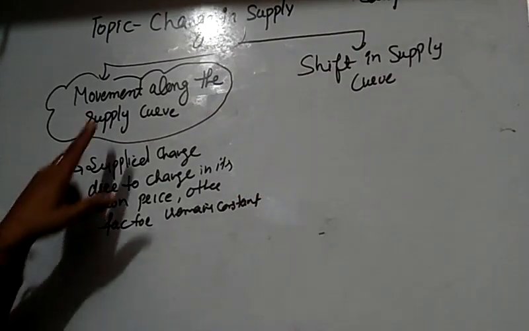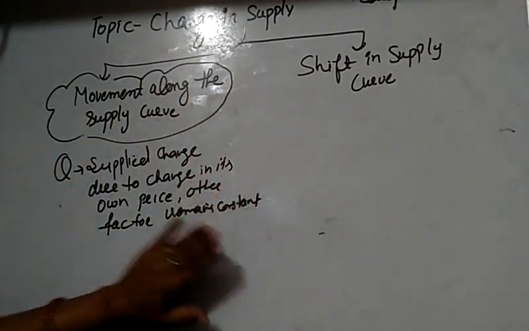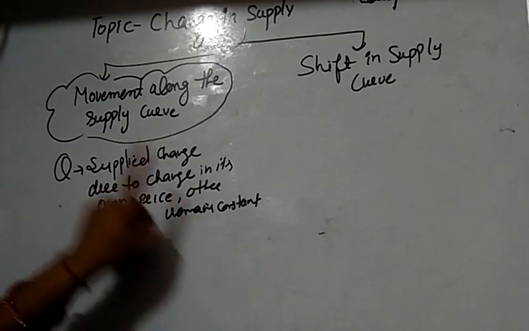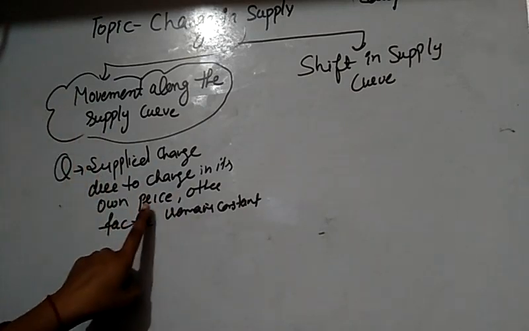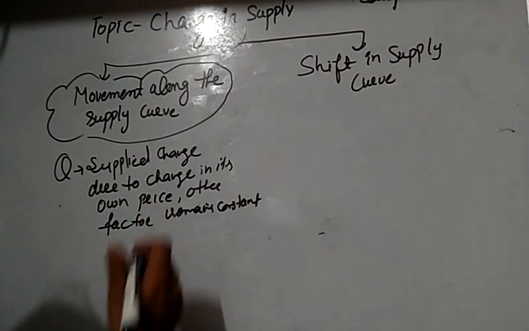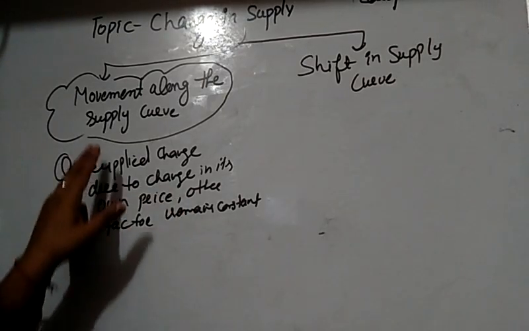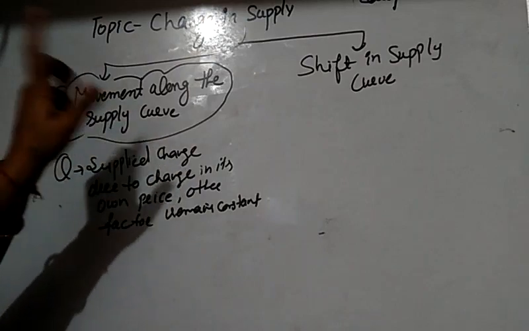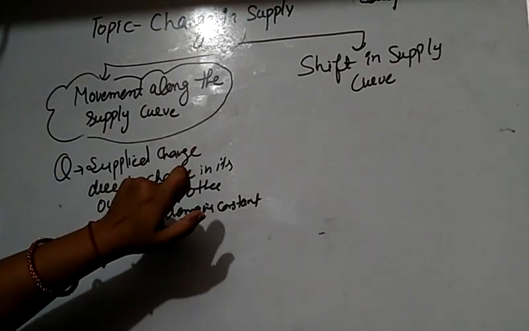So when movement along supply curve is there, why is supply changed? Due to change in its price, the price of the good. That is the reason the supply curve shows movement along.